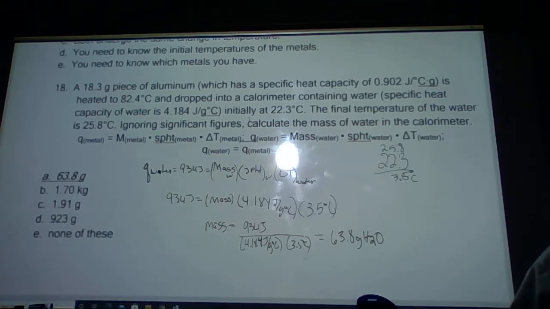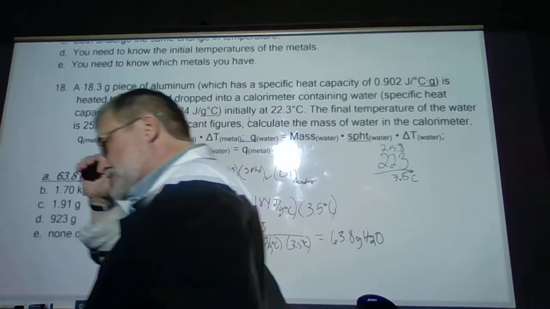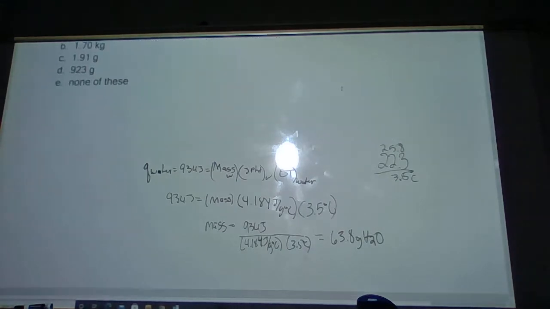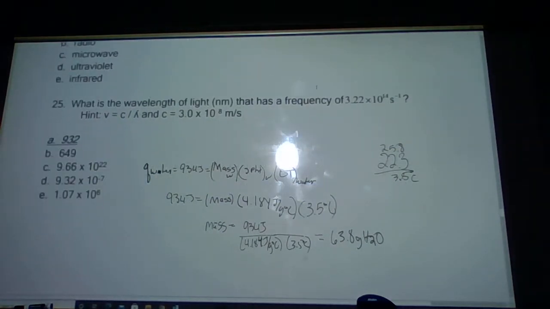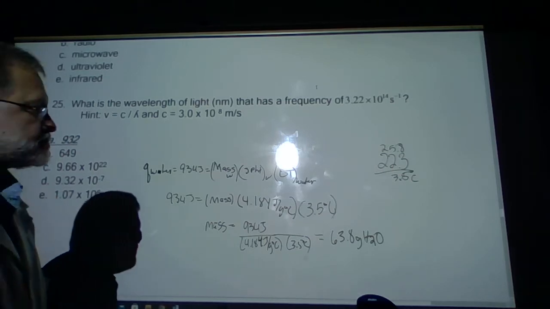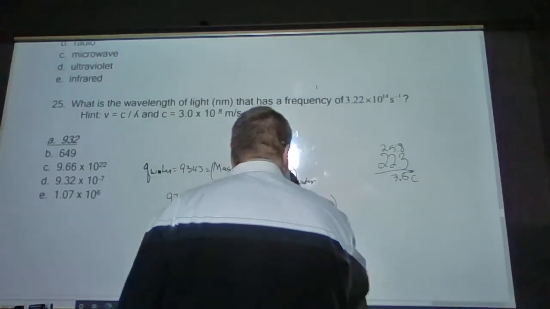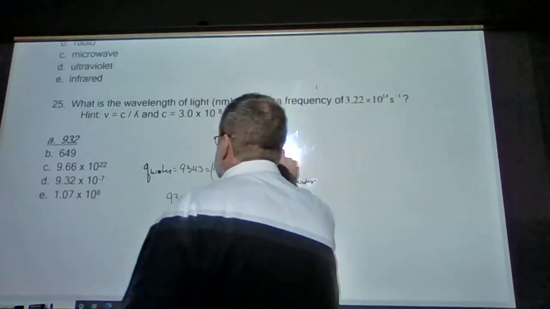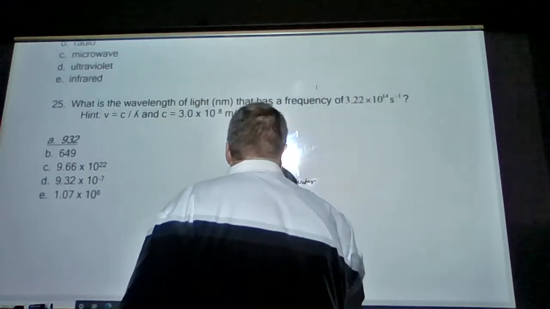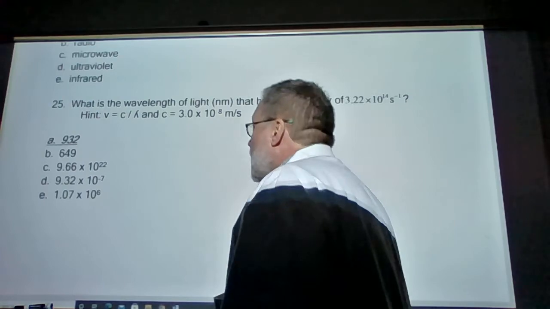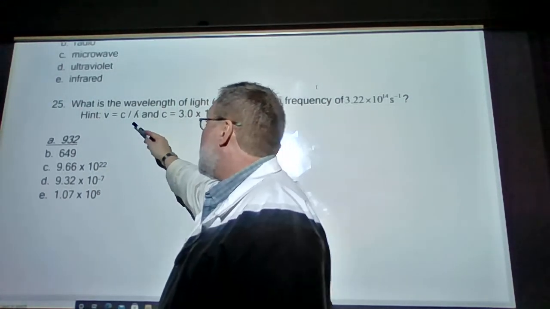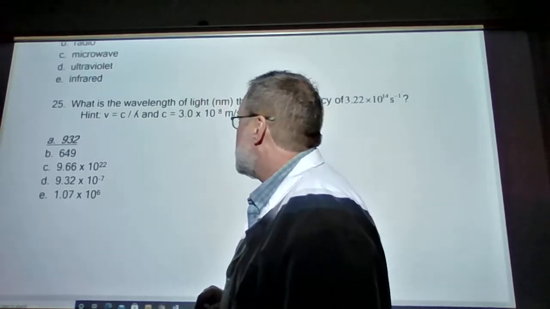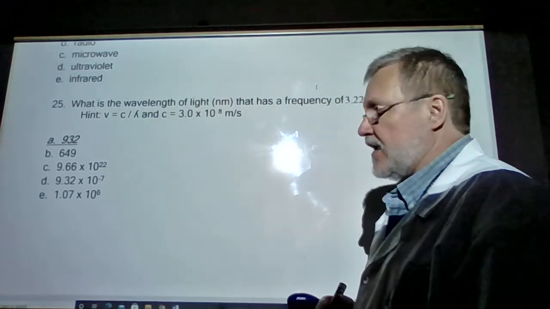Next one I would like to look at is 25. You're given that frequency, nu, is equal to the speed of light divided by the wavelength.